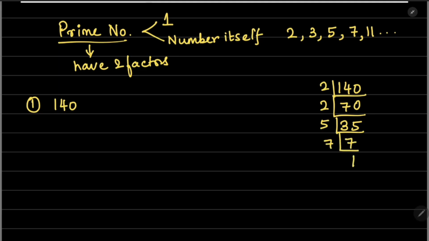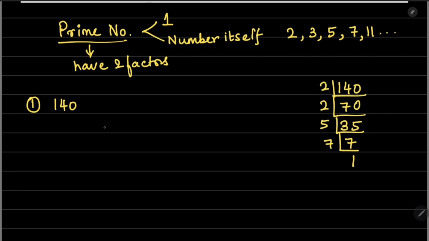There is a theorem called the fundamental theorem of arithmetic, which means that every composite number can be expressed as a product of prime numbers, and that is unique for every number.